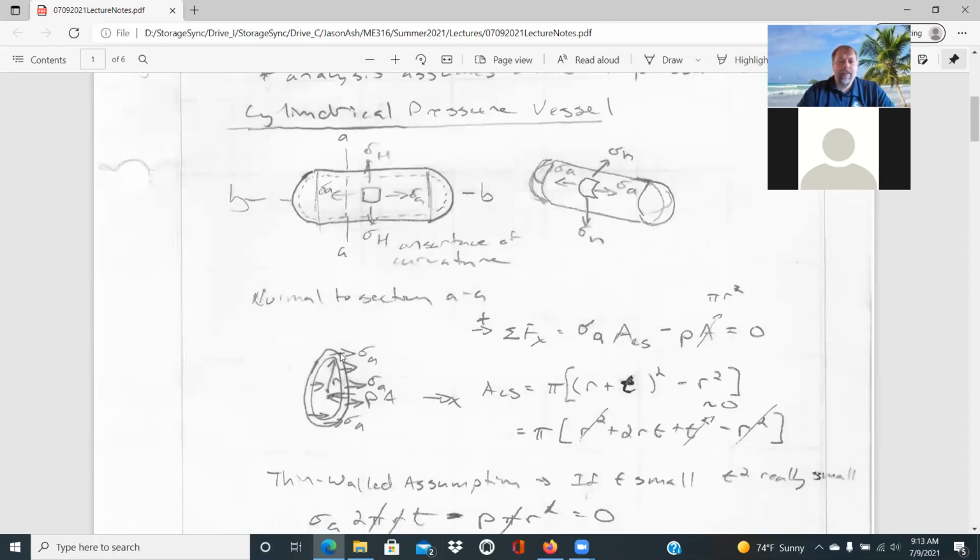Essentially what we'd have is our axial stress acting to the right for that material that we cut through along that cylindrical direction. And then we'd have a pressure times that cross-sectional area of the inside, that normal or projected area. So it'd just be the pressure times the area acting to the left.